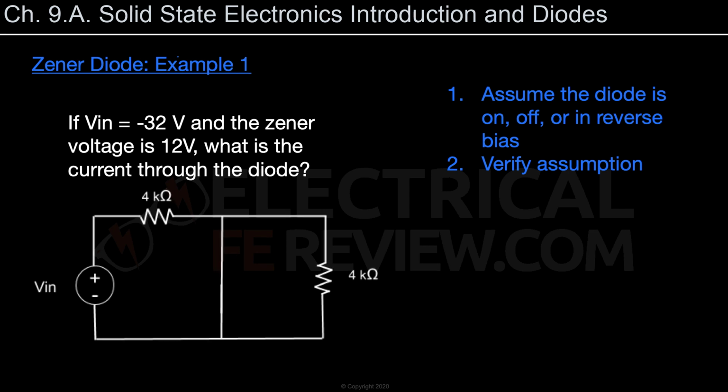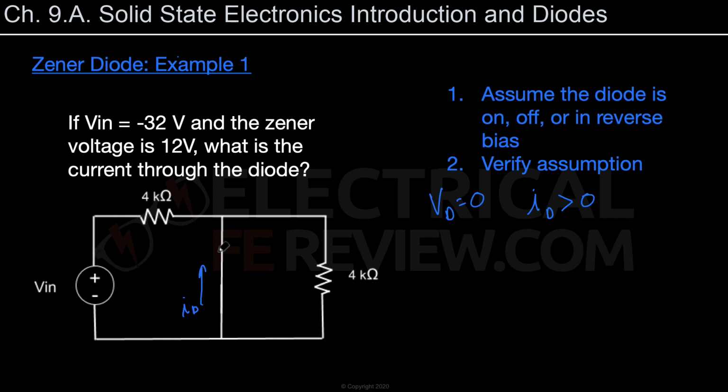Okay, so now we've redrawn our circuit to show that the Zener diode is in the forward bias, meaning it's a closed circuit. Now we want to do some circuit analysis because we've assumed that the voltage across is equal to 0. So now we must verify that the current through the diode is greater than 0. This being the current through the diode.